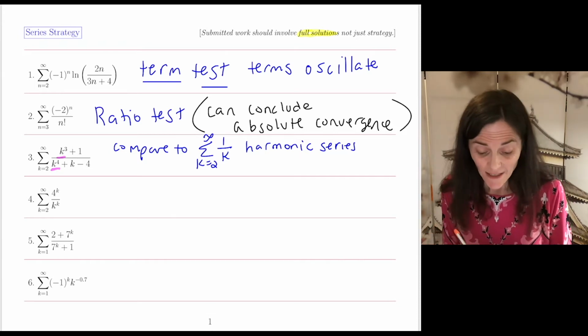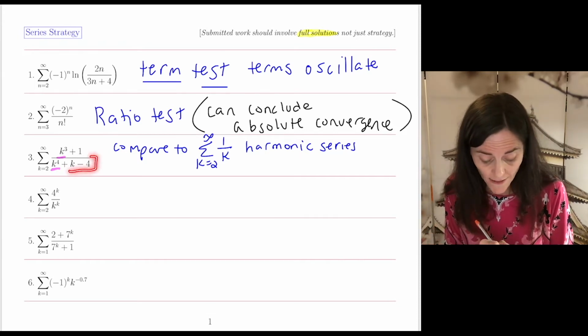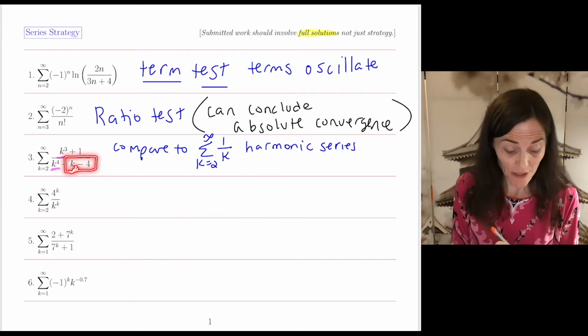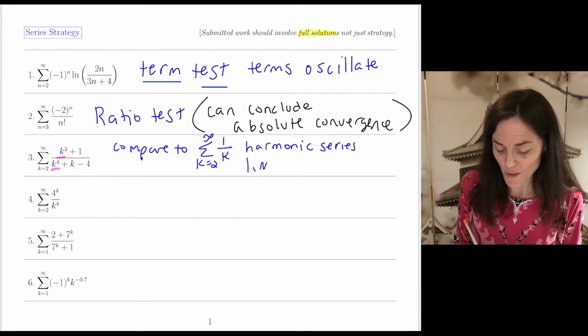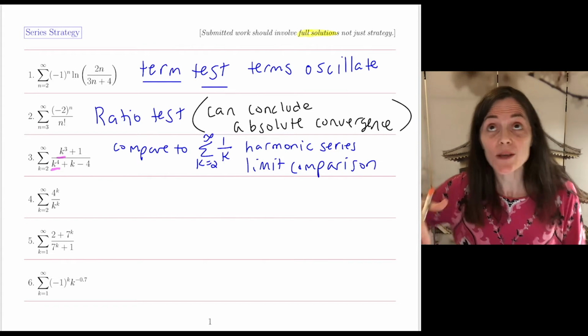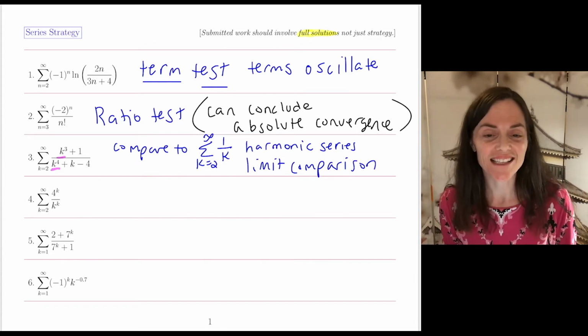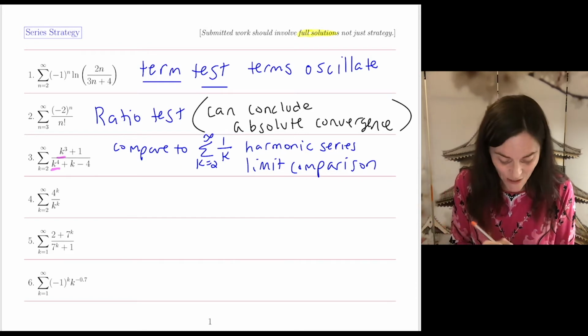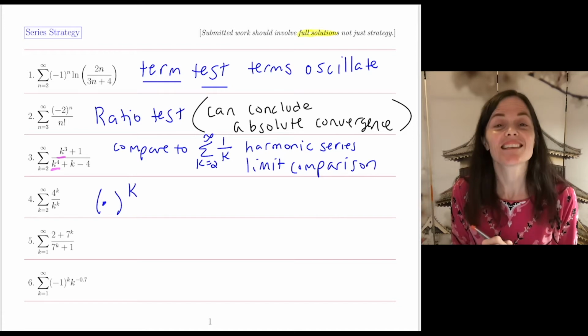But with this plus k minus 4, direct comparison would be a little challenging, so I will just say we will use limit comparison. But the initial strategy would just be, I'm going to use one of the comparison tests with the harmonic series.